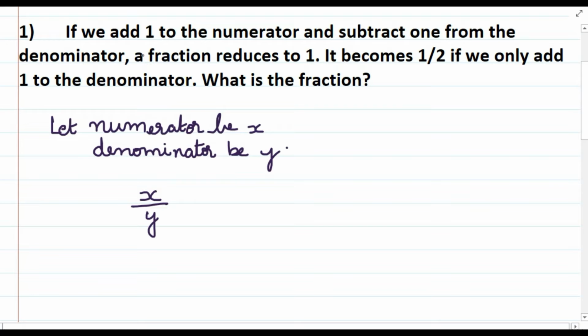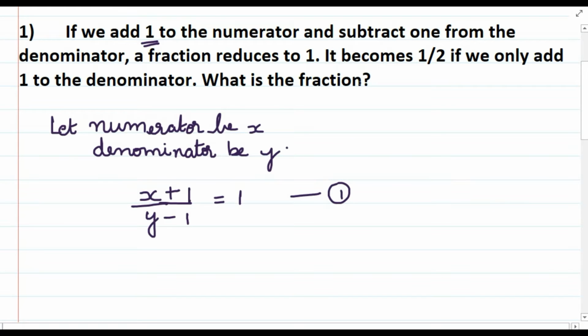Now we'll frame the equation. If we add 1 to the numerator and subtract 1 from the denominator, so minus 1 since it is subtraction, our fraction reduces to 1. This is equation number 1.